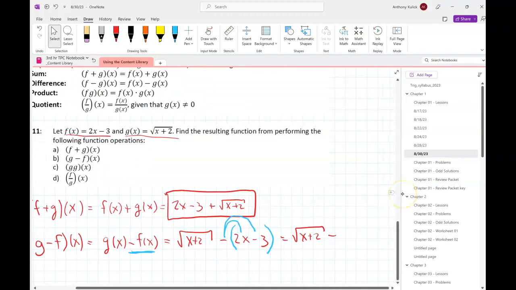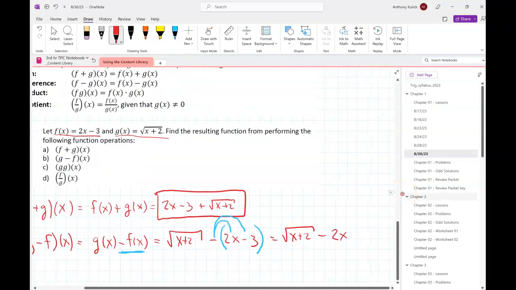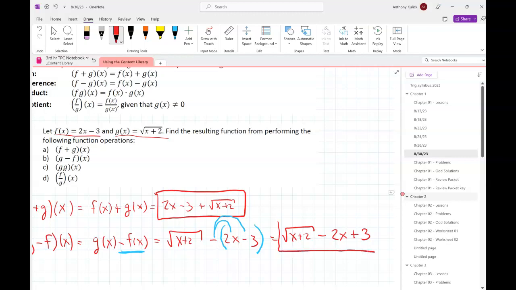So really what I should have written would be square root x plus 2 minus, in parentheses, 2x minus 3. Just for emphasis, you know.